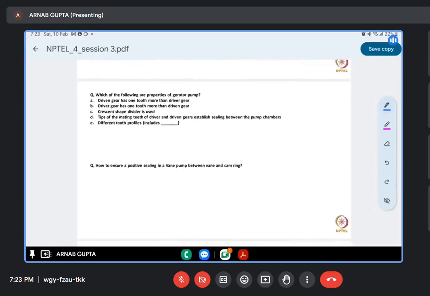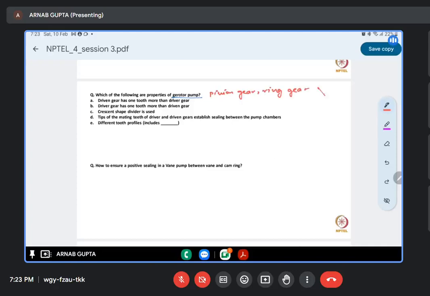Which of the following are properties of G rotor pump? As you know, what is a G rotor pump? It is a special case of internal gear pump, but there are some characteristic differences. In case of G rotor pump, you have an internal pinion gear, and then you have a ring gear.